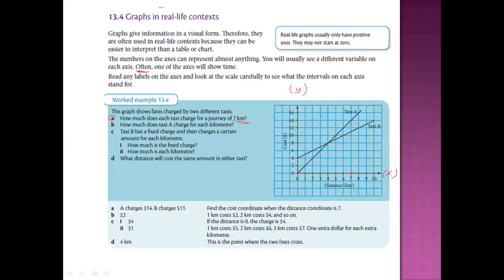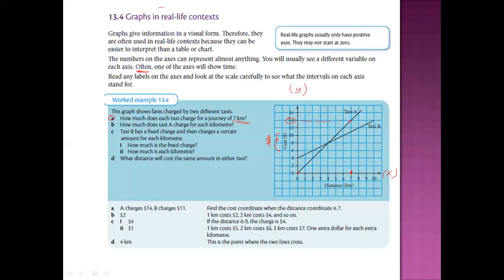After 7 kilometers, the cost of taxi A, as you see here, is $14. So after 7 kilometers, the cost of taxi A is $14, and the answer is 14.